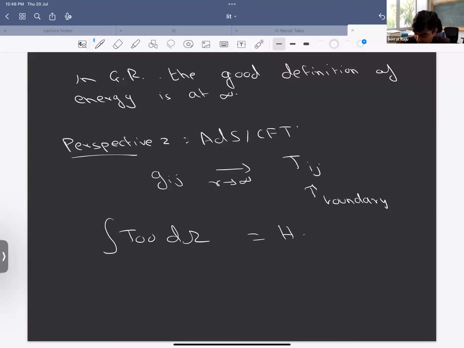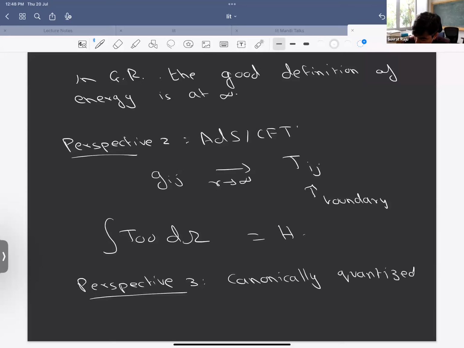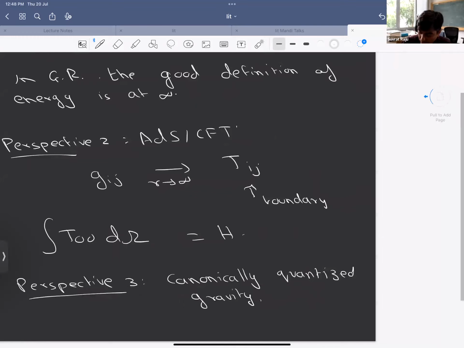Okay, here's a third perspective. All these things that I'm saying are related. If you think of canonically quantized gravity, and you think of states in canonically quantized gravity, then what you need to ensure is that if you think of some state psi, then the state psi must be invariant under small diffeomorphisms.